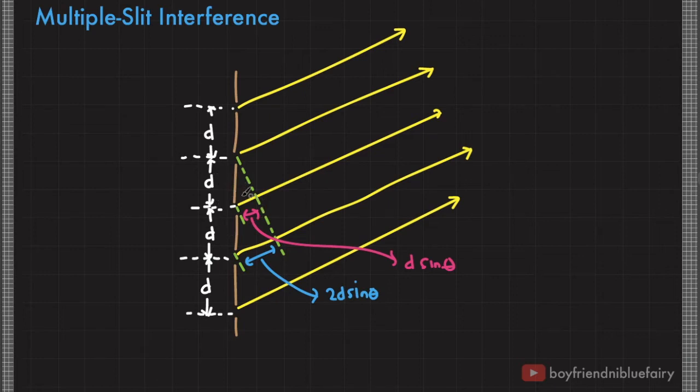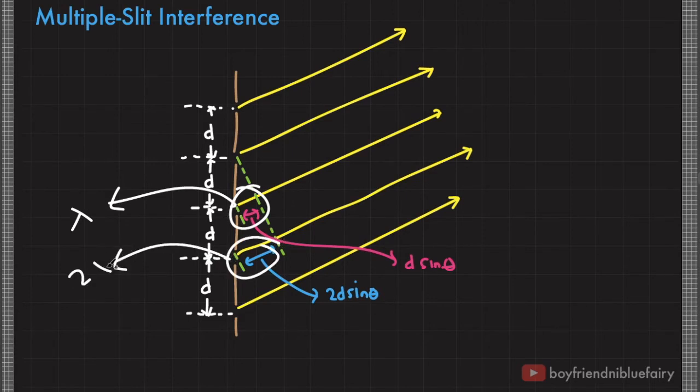If this path difference is equal to lambda, and apparently this one is equal to 2 lambda, then these three rays will produce a constructive interference on a screen. And this interference will produce a very bright pattern.